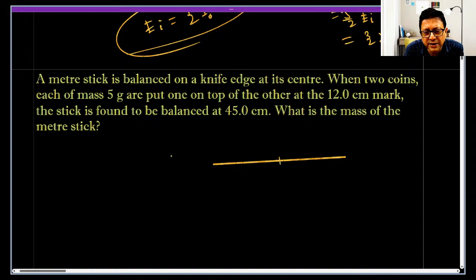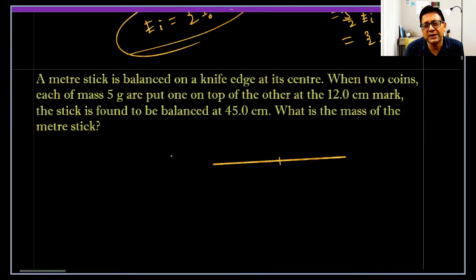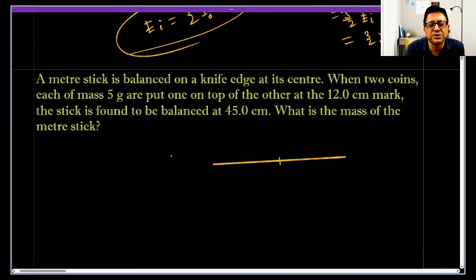This is a meter stick, midpoint. First you consider this situation, the meter stick is AB, with the coins put at the 12 centimeter mark. The mark is starting from here. Say this mark is 12.